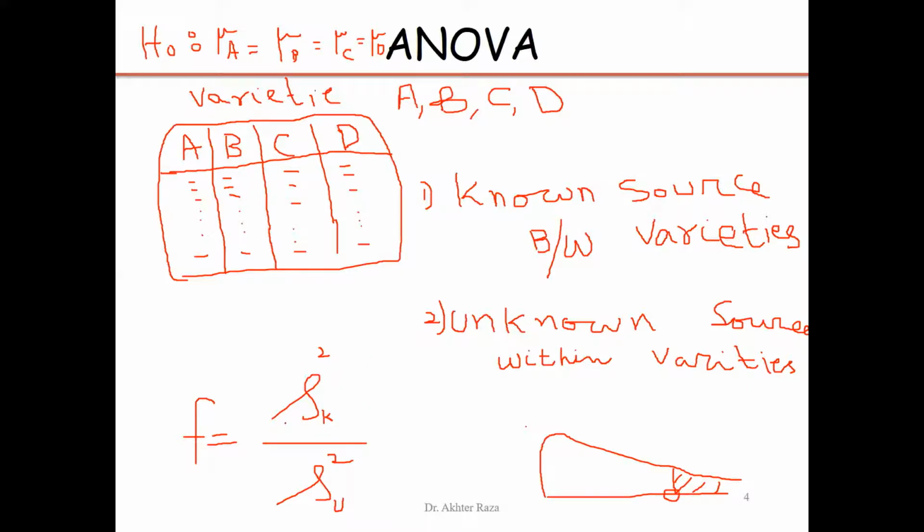If variation due to the known source is small and the variation due to the unknown source is high, this F statistic will be smaller. If this statistic is smaller, then there is a possibility that the F statistic will be below this critical point, and there is a possibility that we will accept the null hypothesis.